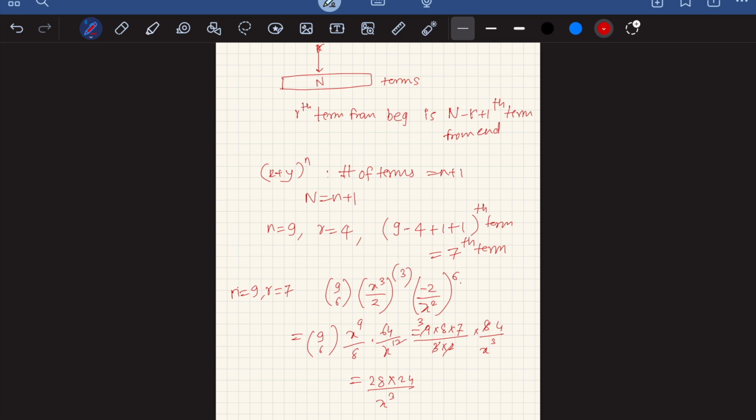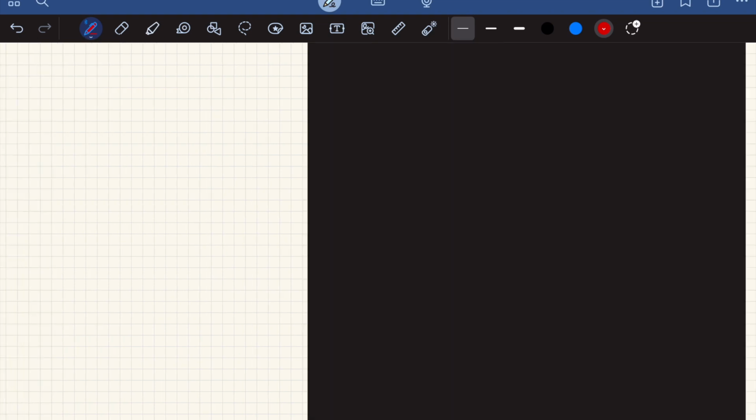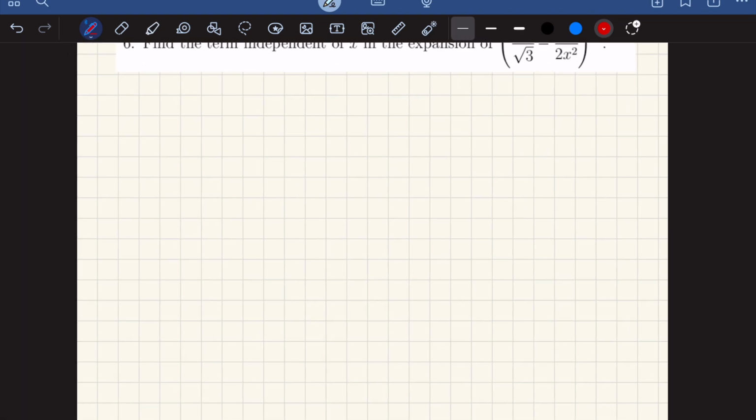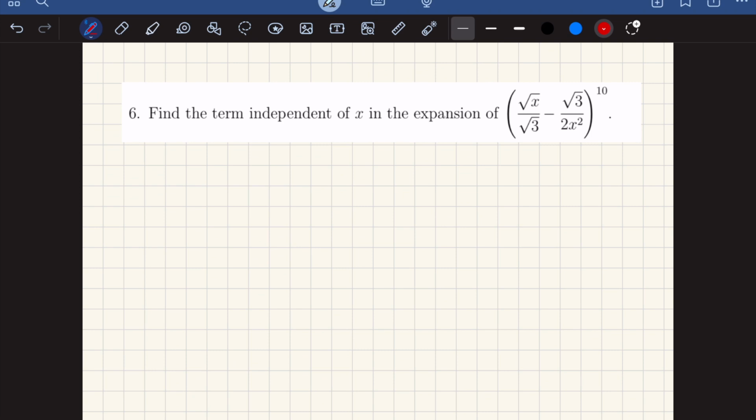Okay, so if there are no questions, then I'll move to the next one. What I mean by a term independent of x here is that you do not have something like this.